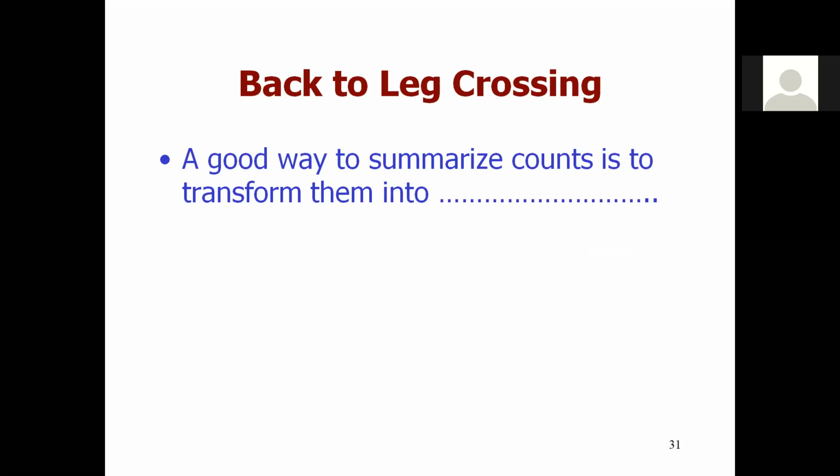So instead of doing counts, frequency of behavior, 308 people crossed their legs or something like that, we can take the counts and convert them into what? What will allow us to compare across different studies? And I'm not talking about z-scores. It's not that.